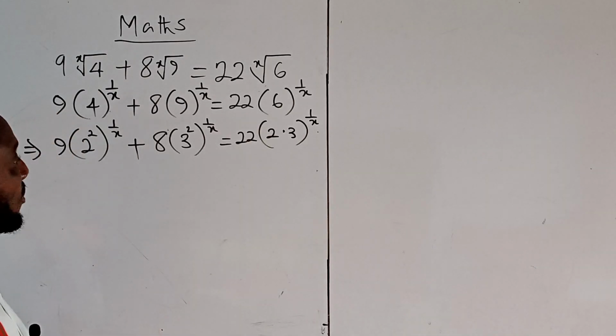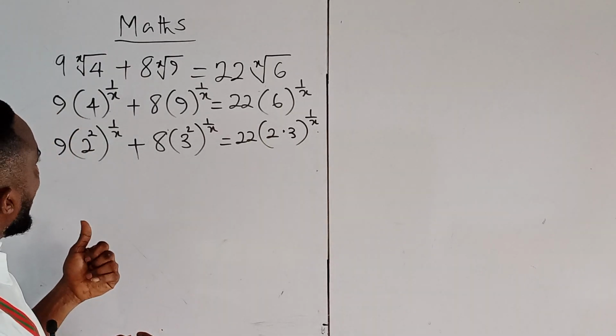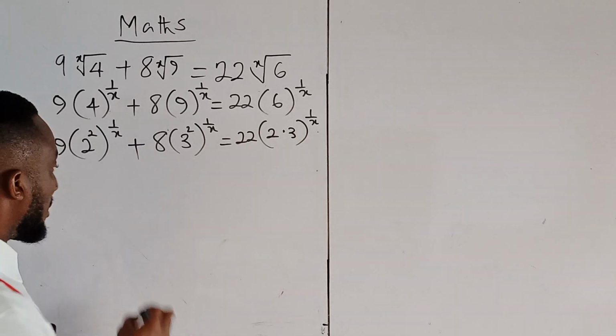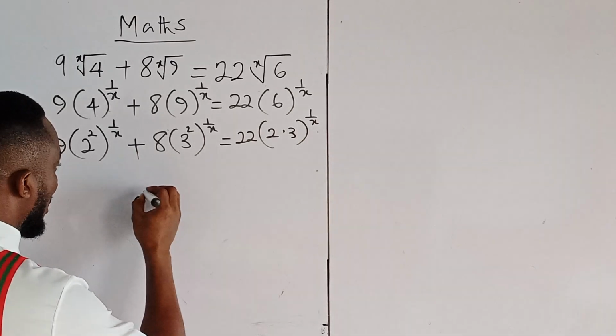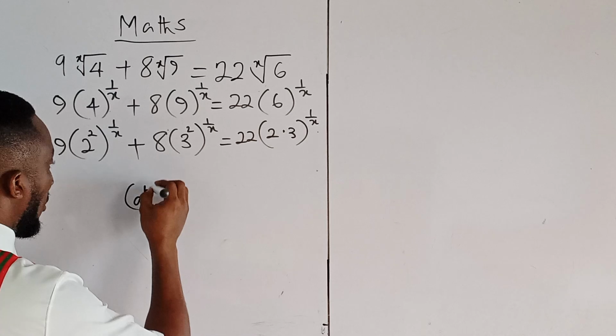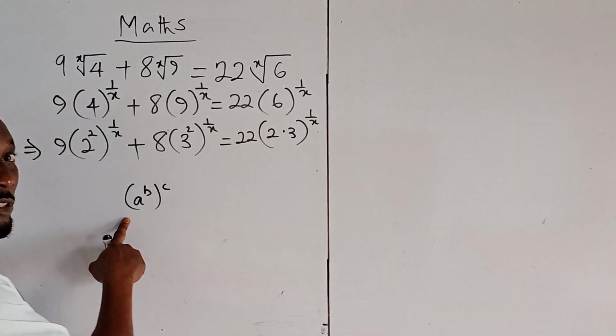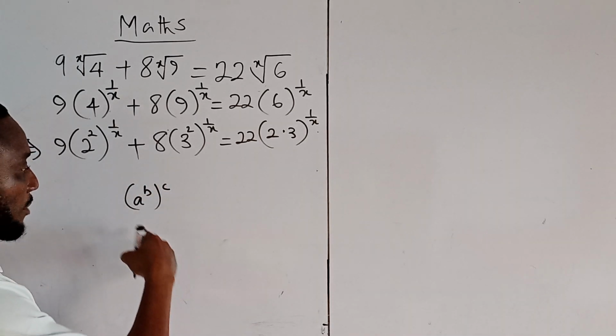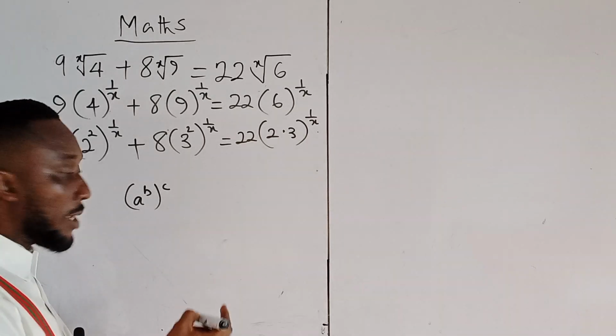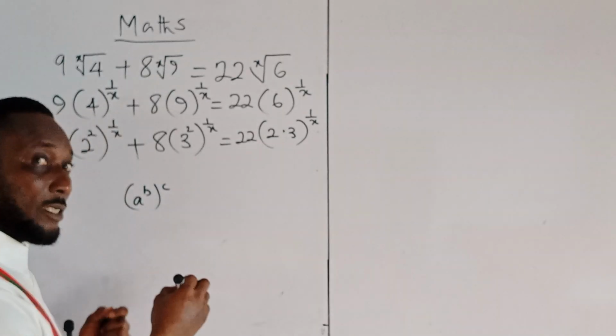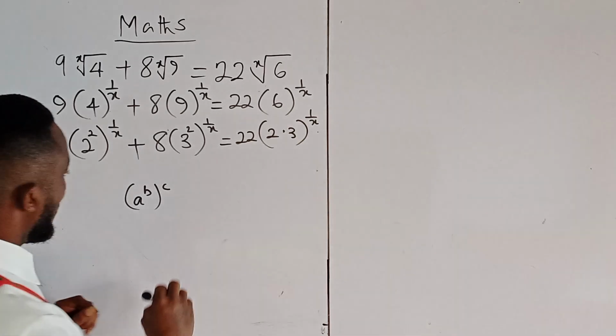Then I'm going to use this property of exponents. If I have a raised to the power of b, all raised to the power of c, this is a power rule problem. When a power is raised to another power, we multiply the powers. But I can switch the exponents of the powers.